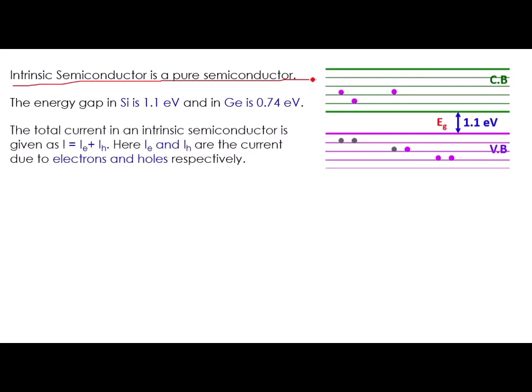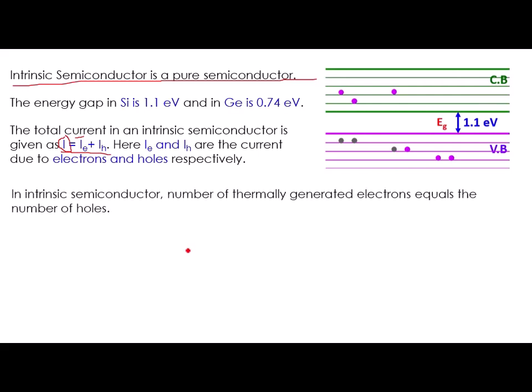When you are supplying a potential across the intrinsic semiconductor, the total current is given as current due to electrons and current due to holes. Total current I is the sum of IE, the current due to electrons, and IH, the current due to holes.